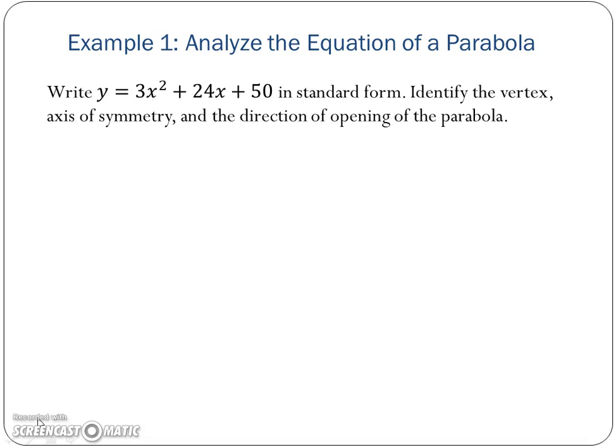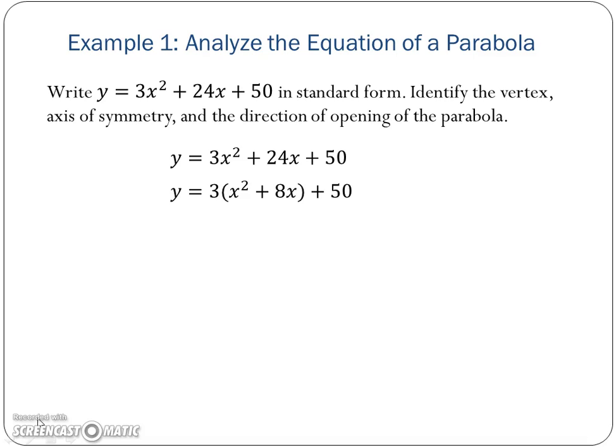In our first example, we're going to analyze the equation of a parabola. We have y equals 3x squared plus 24x plus 50. We're going to put it in vertex form, and identify the vertex, the axis of symmetry, and the direction of opening of the parabola. I see that a is 3, so I'm going to factor 3 out of the 3x squared plus 24x, giving us x squared plus 8x.